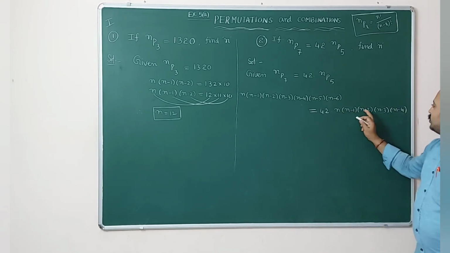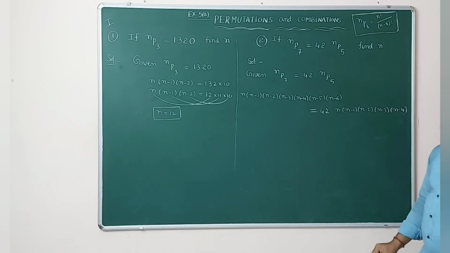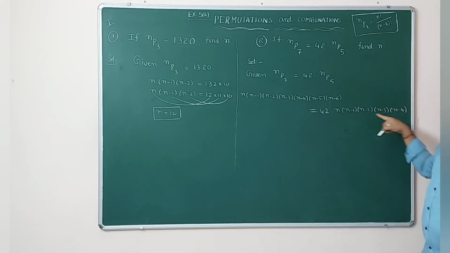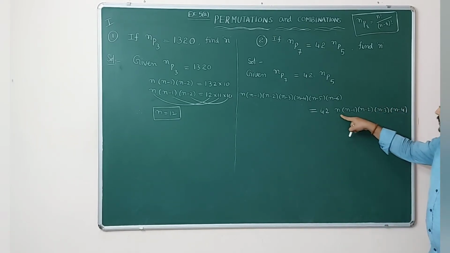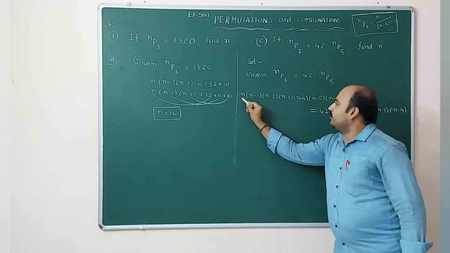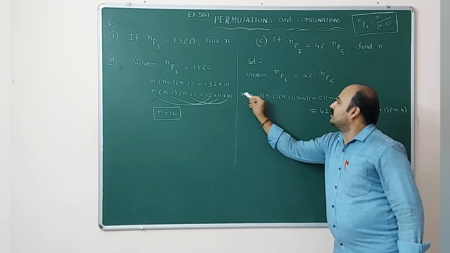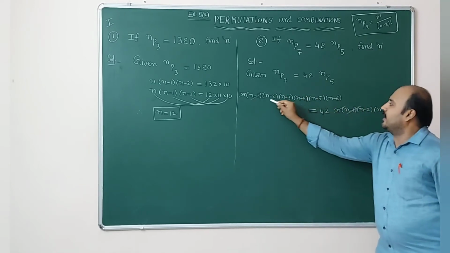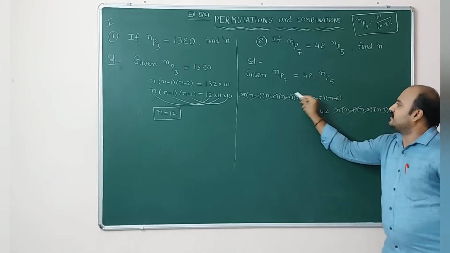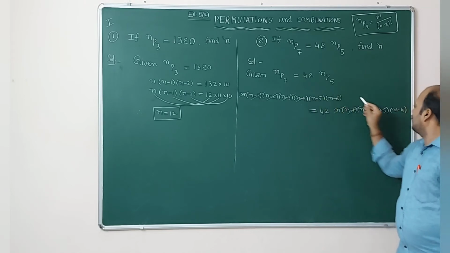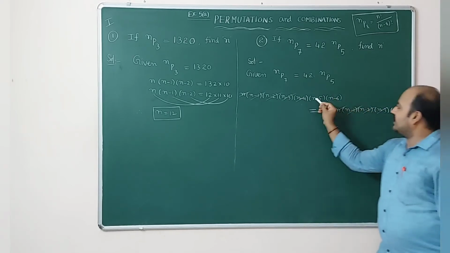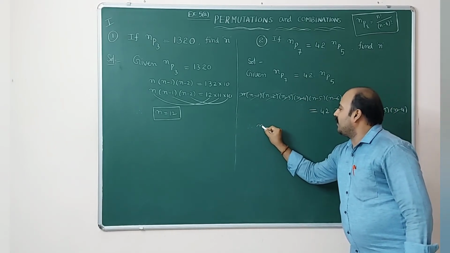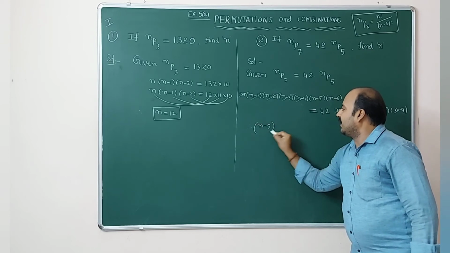On both sides, the terms from n to n minus 4 will be cancelled. So the rest of the terms are n minus 5 into n minus 6.